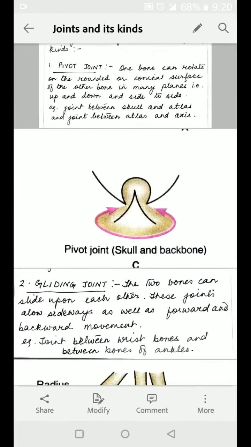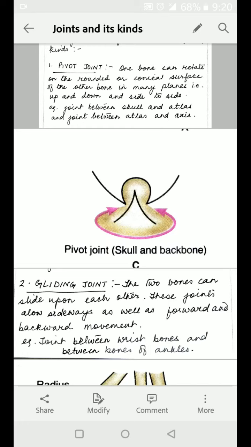Then we come to the next joint, the gliding joint. In a gliding joint, the two bones can slide upon each other. These joints allow sideways as well as forward and backward movement. Examples are the joints between the wrist bones, that is the carpals, and the joints between the bones of the ankle, that is the tarsals.